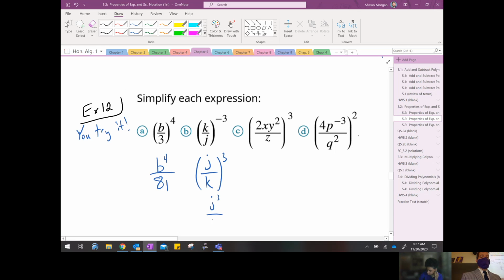J cubed over k cubed. Yeah, that's a completely different way of working it, but that's totally fine too. In other words, if we applied that negative 3 to the k and to the j, and then said, K, move downstairs, J, move upstairs, you get your answer that way too. Different strokes for different folks. That's what we're going to learn here, is that you might work with these exponent rules one direction, I might go another direction, and we get to the same answer.